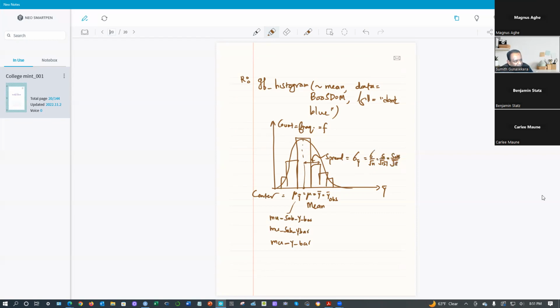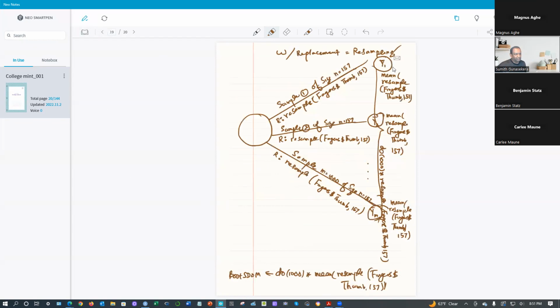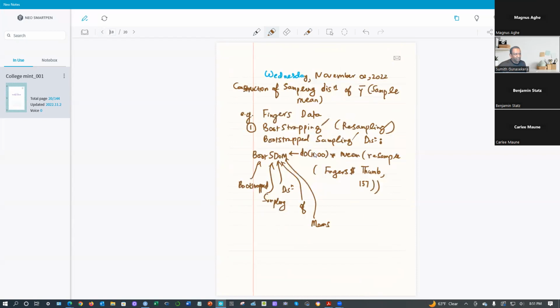That's how you get the bootstrap histogram. You get the bootstrap samples by simply writing that. As I said earlier, for the bootstrap sample you don't have to worry about the population shape at all.